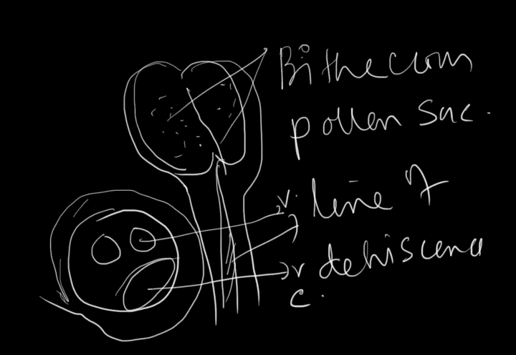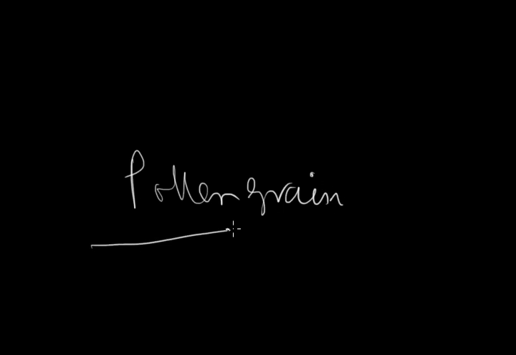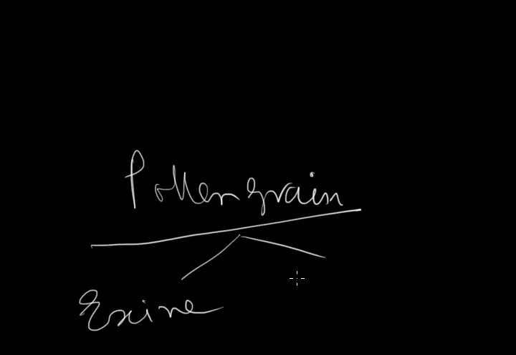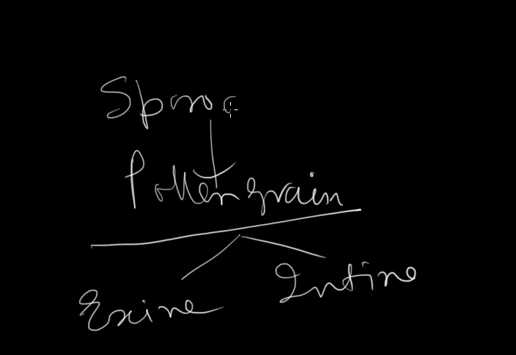Now, going to the next part of the pollen constitution, the pollen grain is a peculiar structure supported by two covering layers, namely exine and intine. The pollen grain is derived from a particular compound called sporopollenin, which ultimately differentiates into exine and intine.